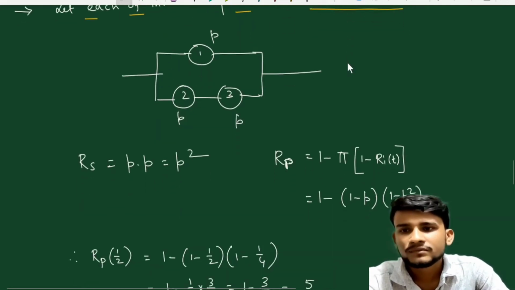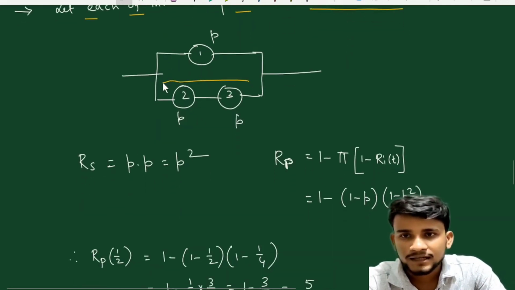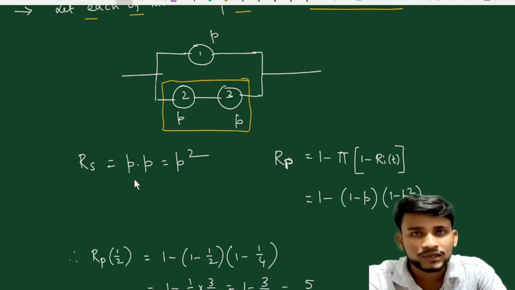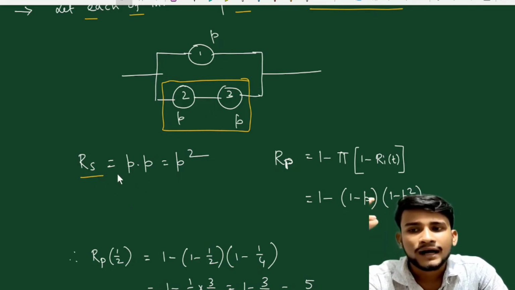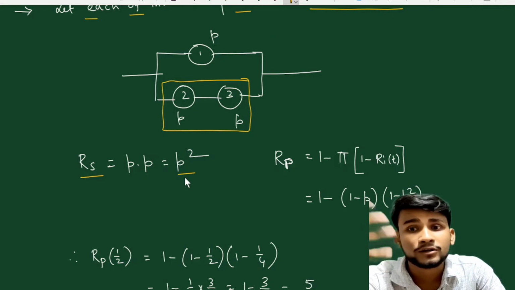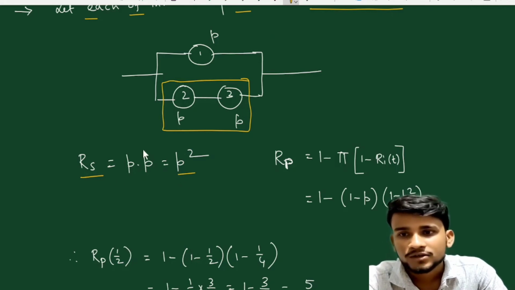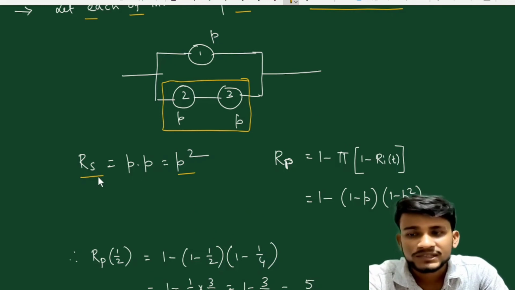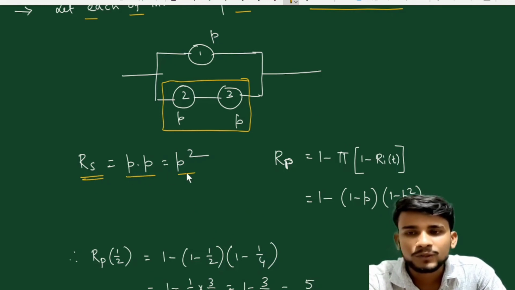Now for the 2 components connected in series, we know that the reliability is the product of the two reliabilities, that is, the success probability. So R_S(t) equals p into p, which is p square.